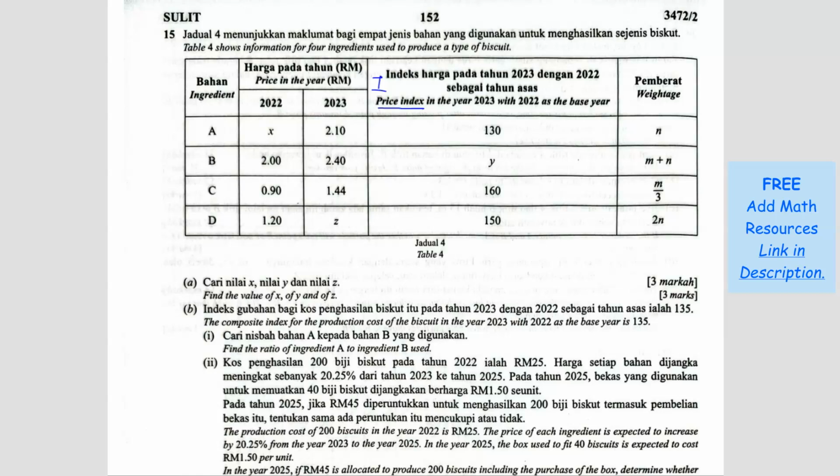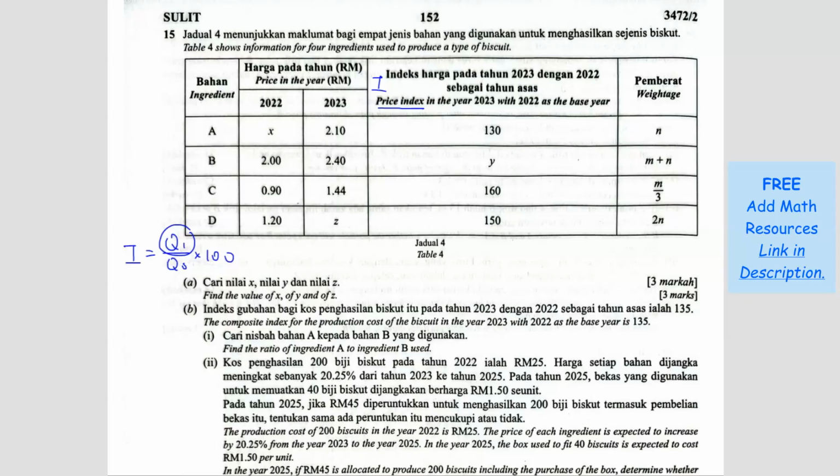Since we want to find x, y, and z, we can just use the price index formula. The price index formula, for those who don't know, is I equals Q1 over Q0 times 100. Q1 is the latest date.